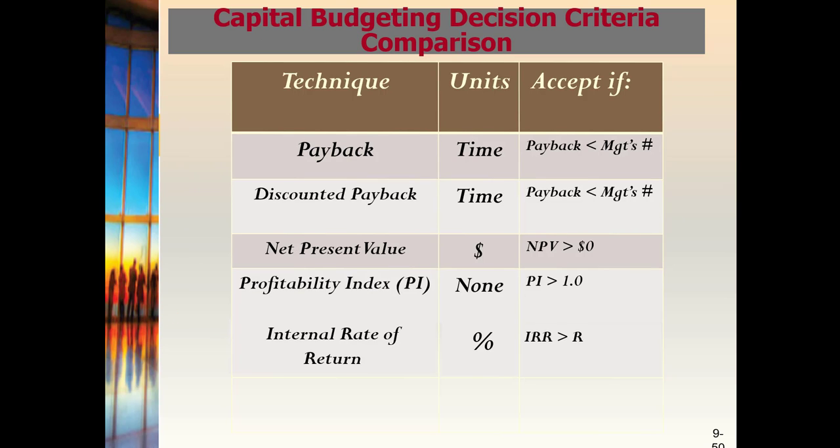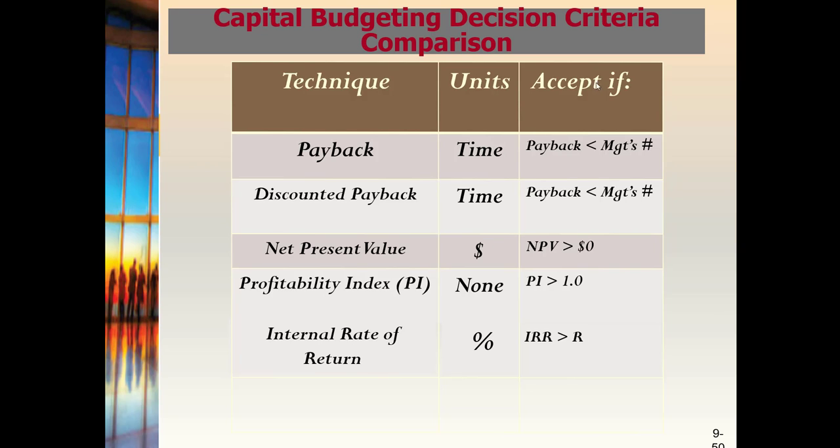This table summarizes all the 5 techniques we covered in the videos. As you can see, the IRR provides the percentage of return for the manager in their decision. Net present value provides the dollar amount of value they can create from the project, for the manager or shareholder to understand the comparison between the projects.